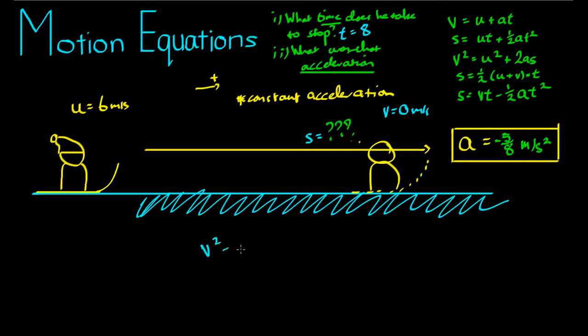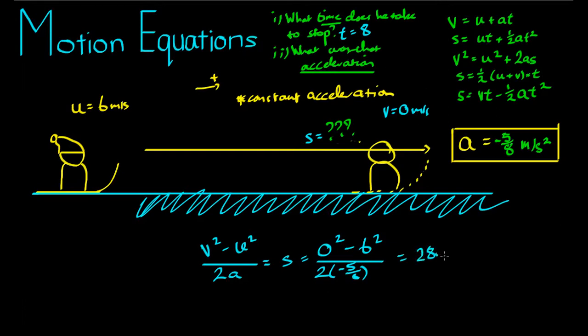So we have V squared take away U squared all over 2A is equal to S. This now comes to 0 squared take away U, which is now 6 meters per second, so 6 squared divided by 2, and that was negative 5 on 8 for A. And that comes to negative 6 squared divided by 2 times negative 0.625 or negative 5/8, which is 28.8 meters stopping distance.